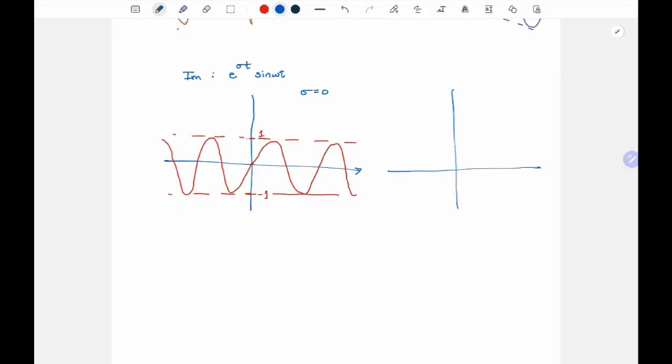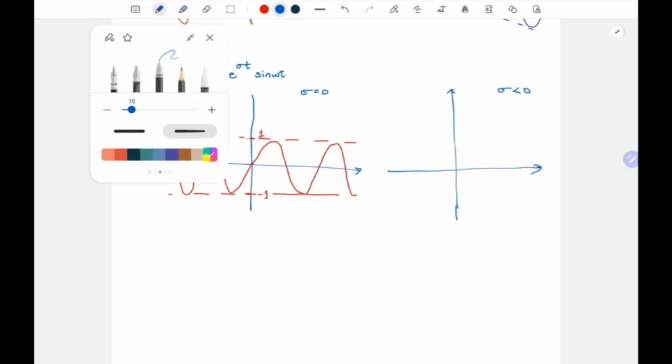For sigma less than 0, it is actually a decaying function.